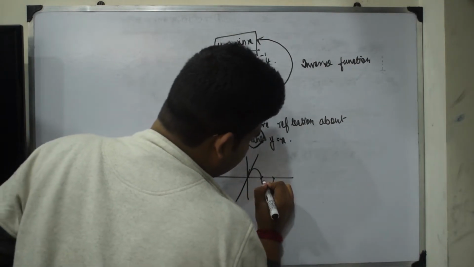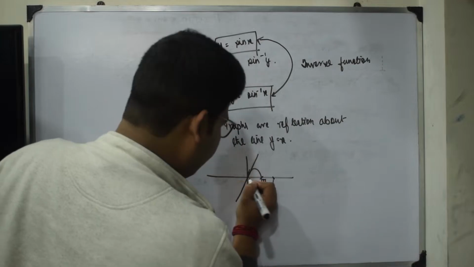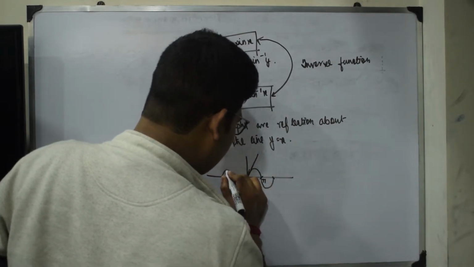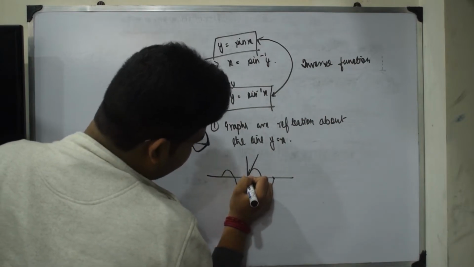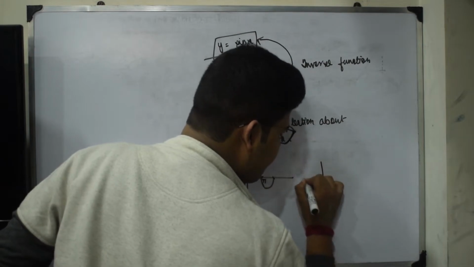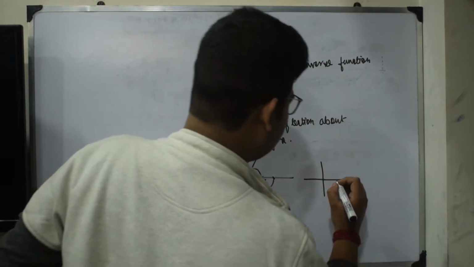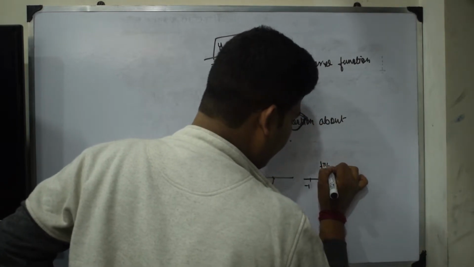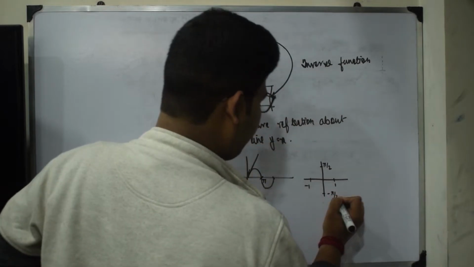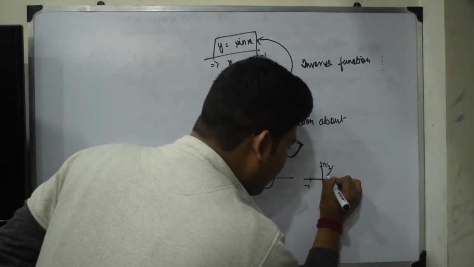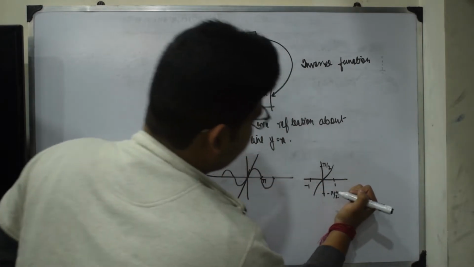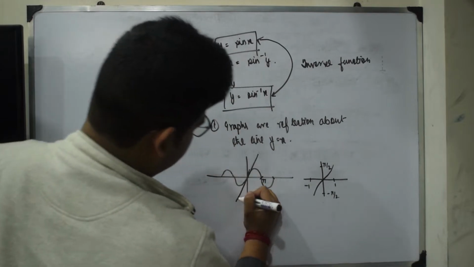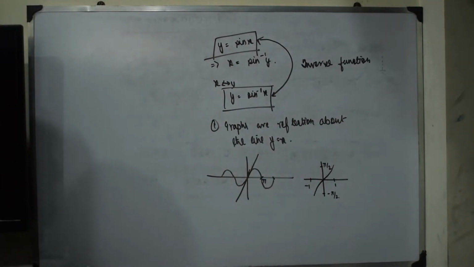This is y equals x. So the sin inverse x graph is something like this, this getting reflected like this and this getting reflected like this. I know this is a little difficult to imagine, but this happens.